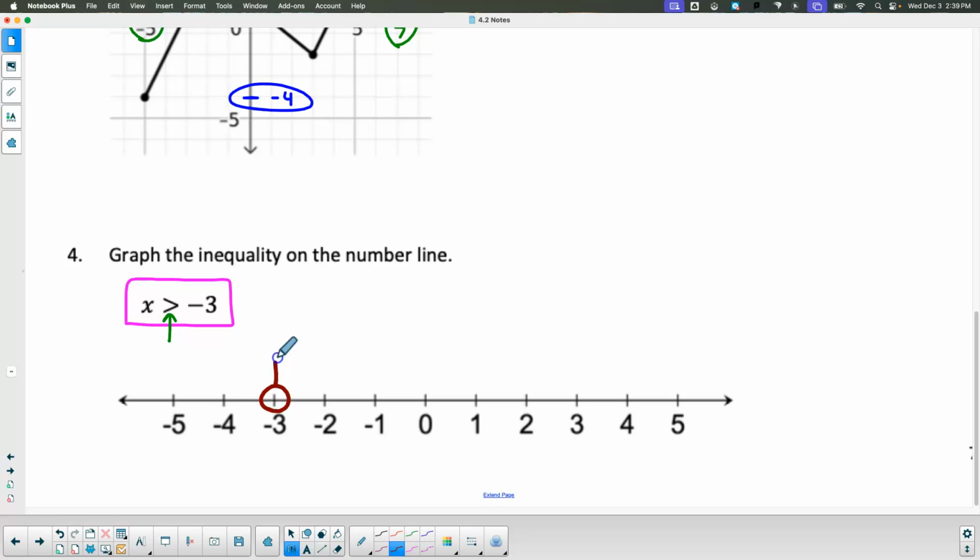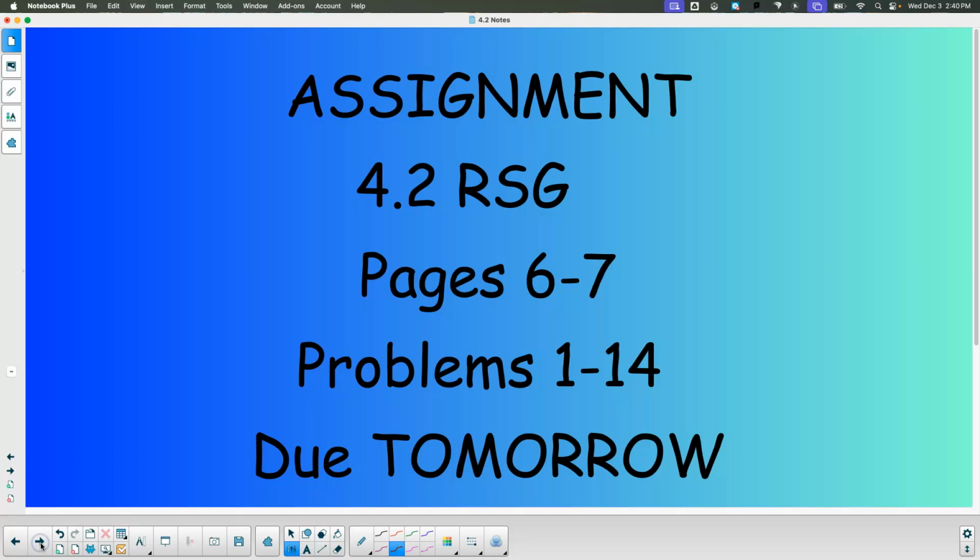So we're going to come up and out, and we're going to go all the way to the right. Now, if it had something where we had another number on it, then we might not go forever and ever and ever to the right. We might stop at another number. Okay? Questions on any of those? Look at that. You guys have 20 minutes to work on your homework.